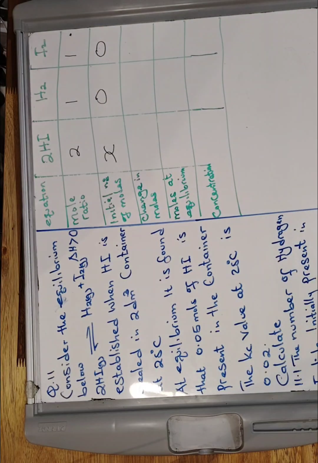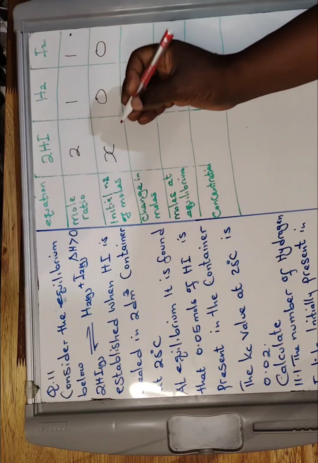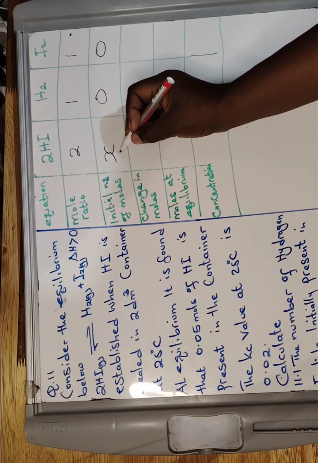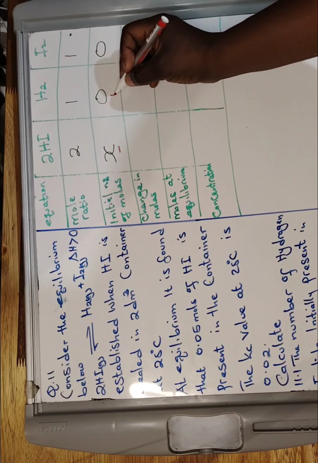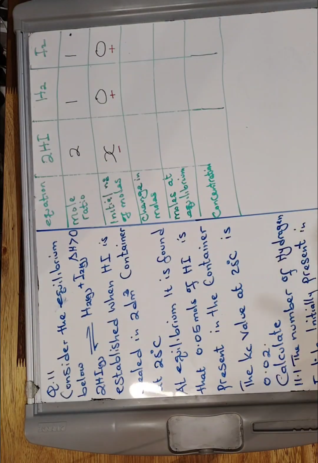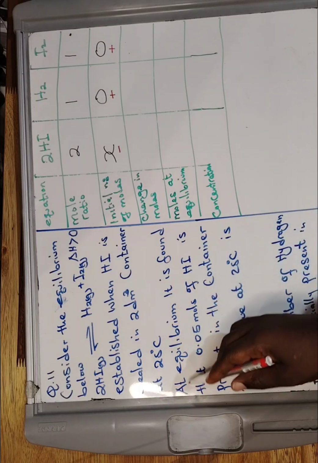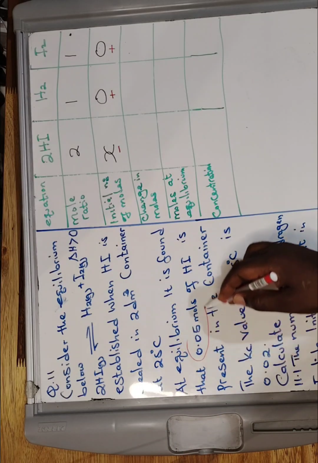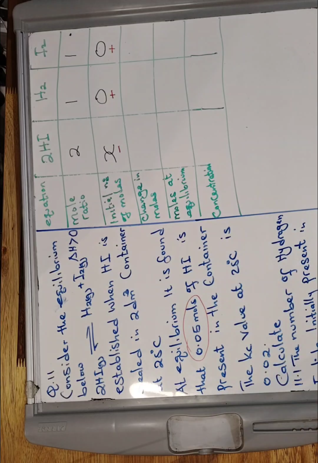We must not forget that initially the reaction is proceeding in one direction, so we're having a minus here and a plus and a plus. We know something here. We know the number of moles of hydrogen iodide at equilibrium.